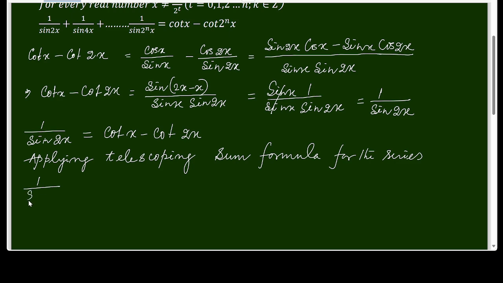The question is 1 over sin twice x plus 1 over sin 2 to the power 2 x, that means sin 4x, 2 to the power 3 x, this will be sin 8x, plus up to 1 over sin 2 power n x.